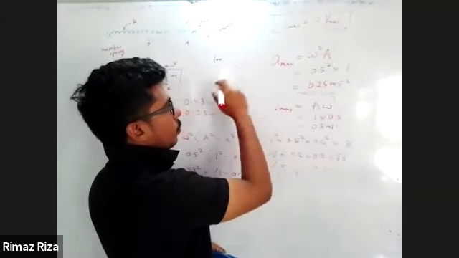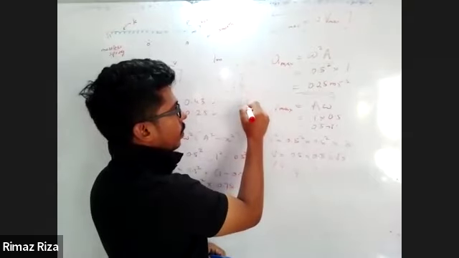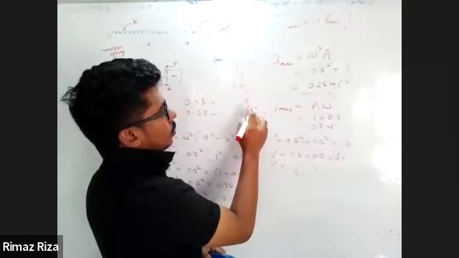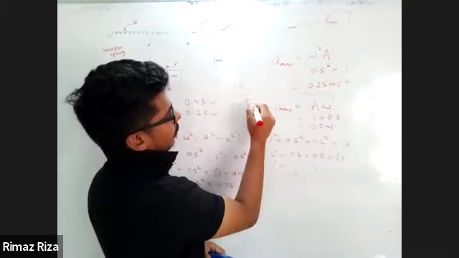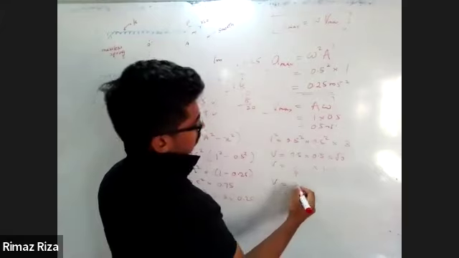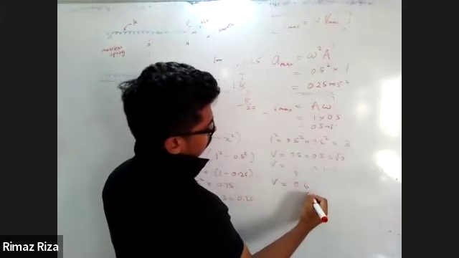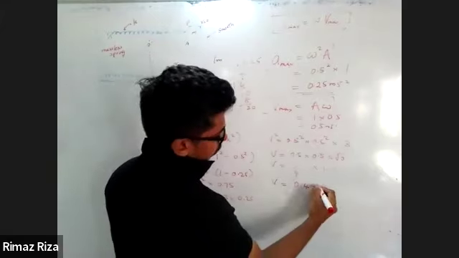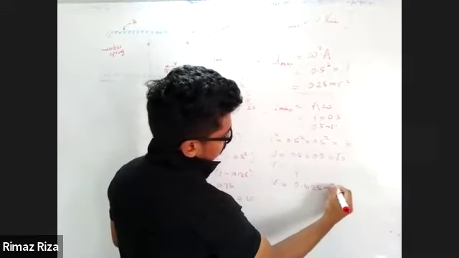For 10, how many 4s are there? 2, 8 remains 2. For 20, we have 5. So V equals 0.425 meters per second.